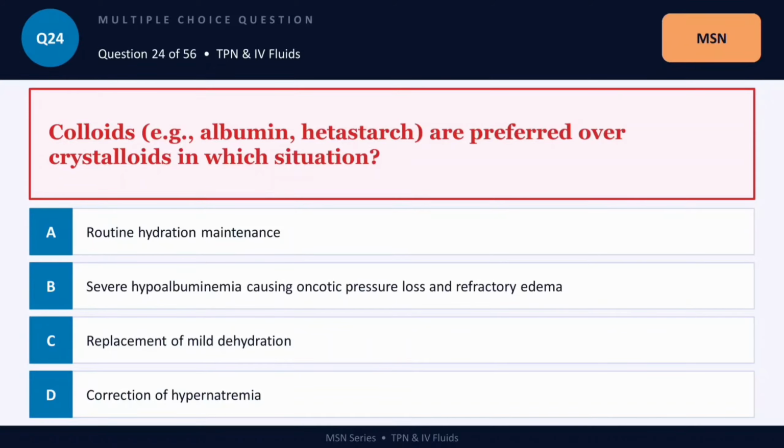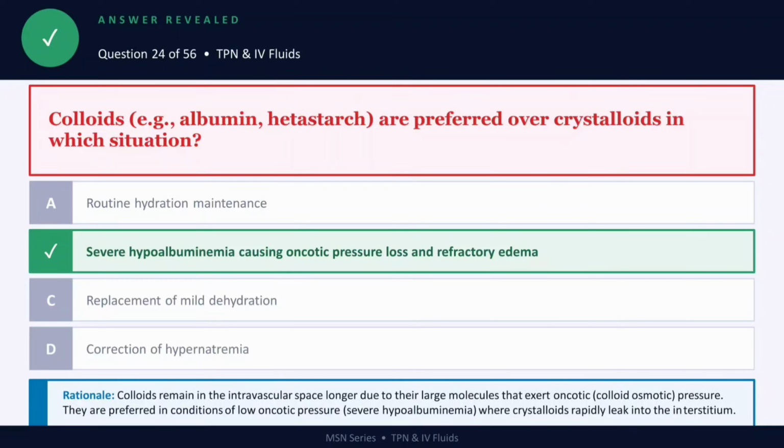The correct answer is option B, severe hypoalbuminemia causing oncotic pressure loss and refractory edema. Rationale: colloids remain in the intravascular space longer due to their large molecules that exert oncotic pressure. They are preferred in conditions of low oncotic pressure where crystalloids rapidly leak into the interstitium.